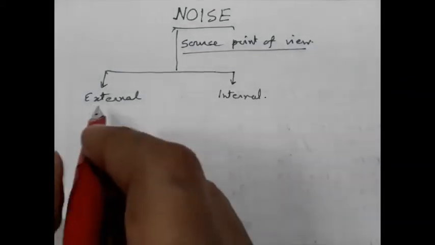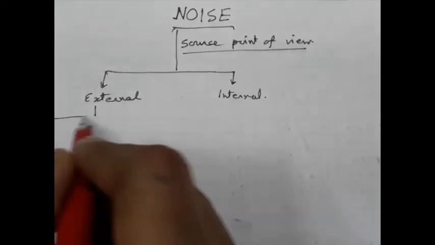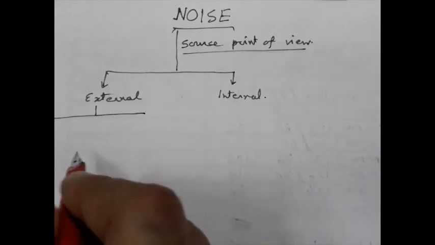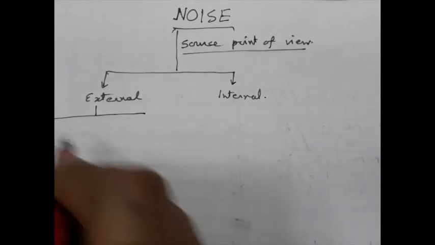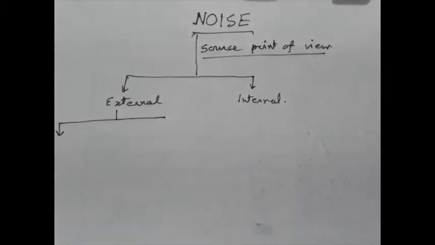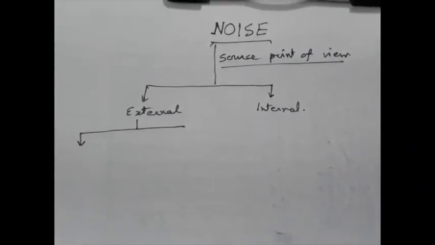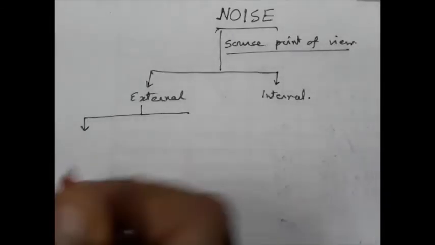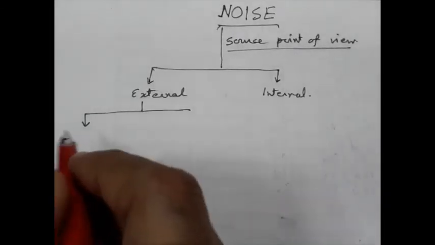External noise may be further classified into several categories. One is atmospheric noise.